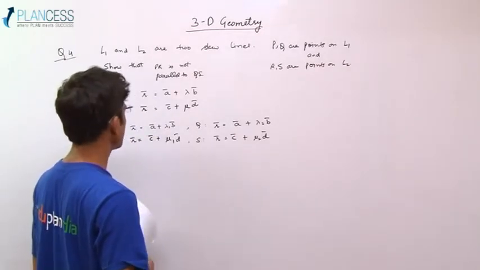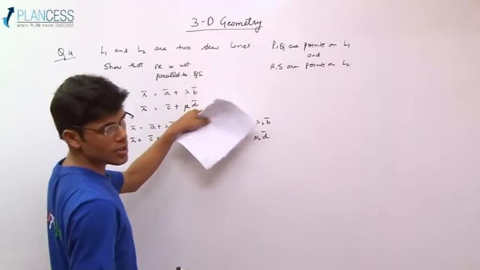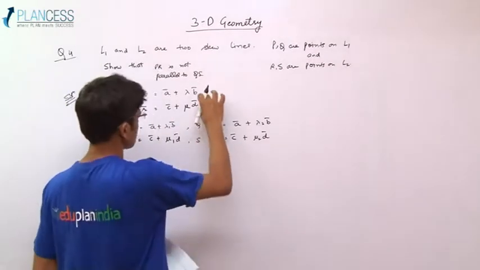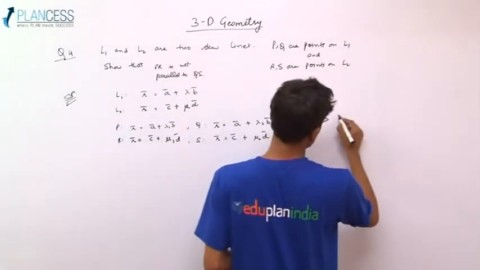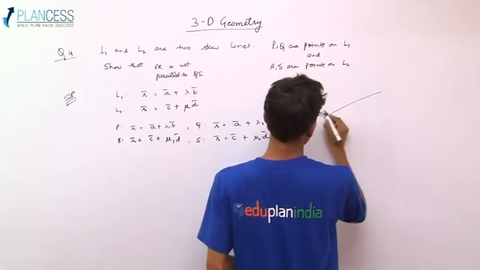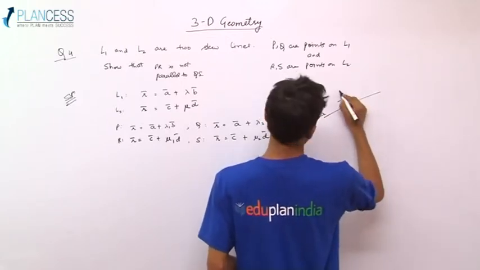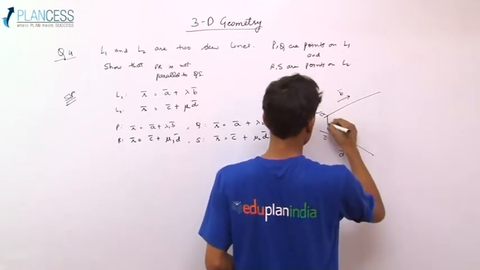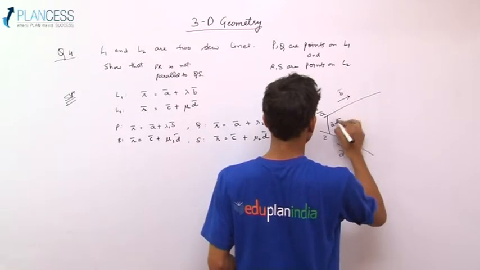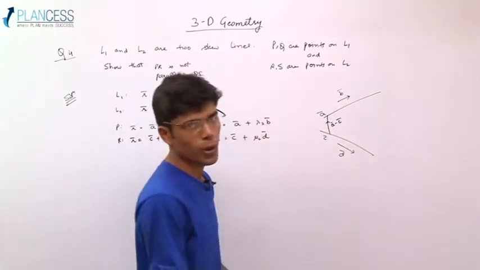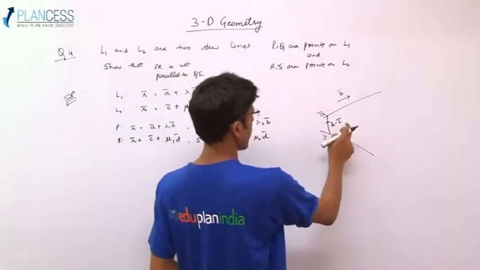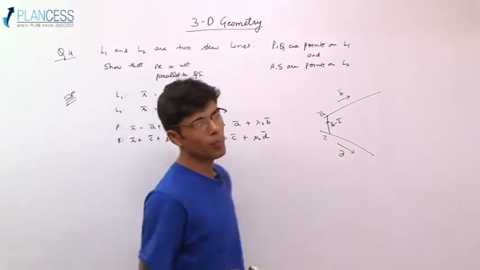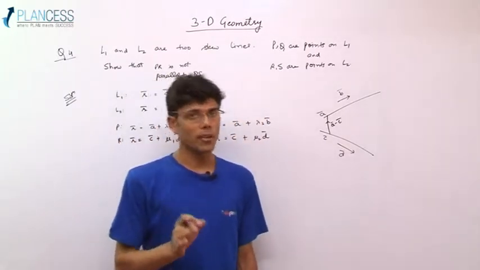Okay. Since these two are skew lines, these two lines are not in the same plane. So if we have one line through A vector along B vector, and another line through C vector along D vector, this is the vector A minus C. So these three vectors cannot be coplanar. So B vector, A minus C vector and D vector, these three vectors are not coplanar. So these three vectors form a set of linearly independent vectors.